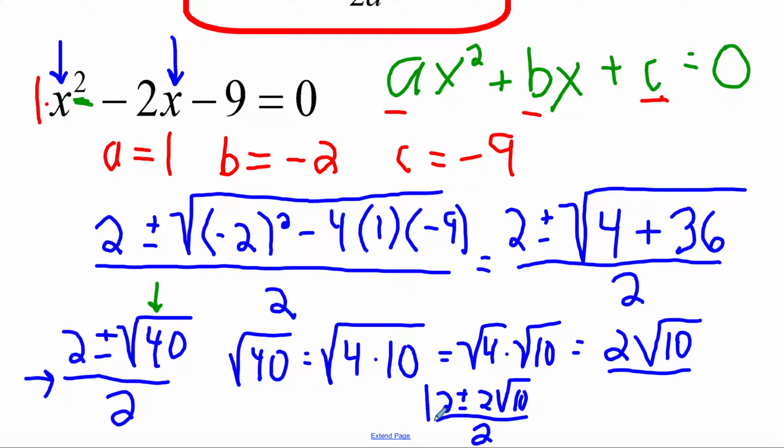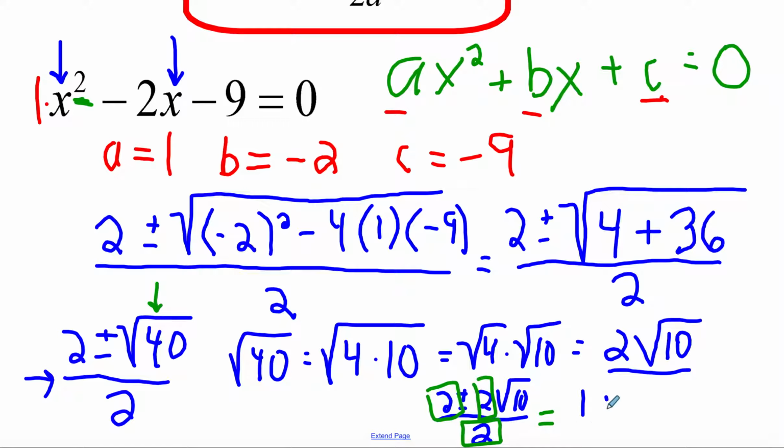Since this number and this number all have a shared factor, and that factor is 2, I can reduce this. So I can actually reduce this to 2 divided by 2 is 1.